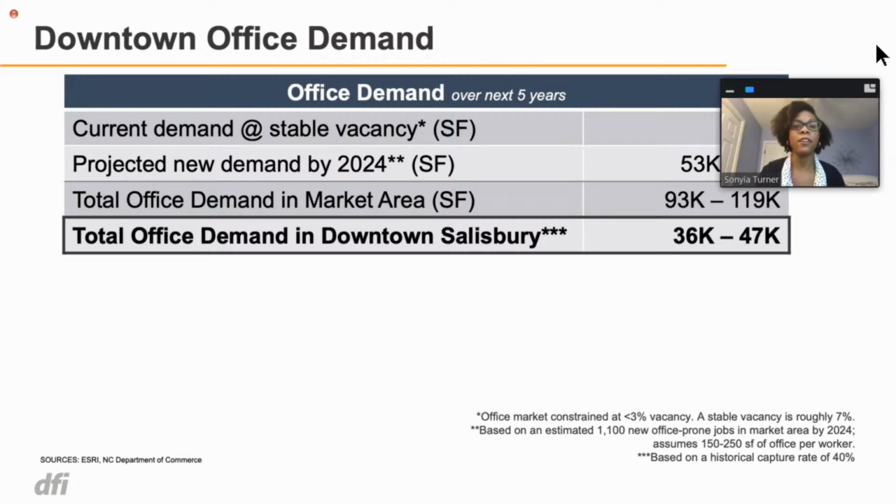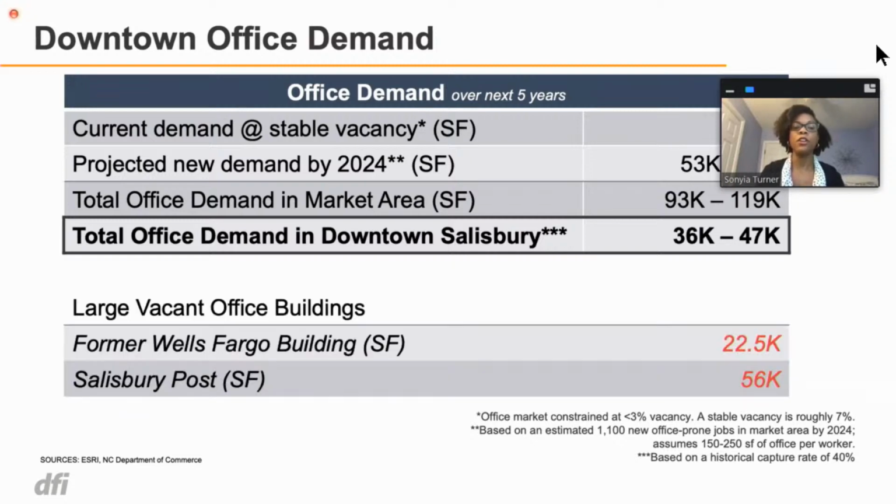Then we calculate projected new demand for office in the entire market area, so in entire Rowan County. We apply what's called a capture rate, which is based on historical data of how much office Salisbury would capture in the larger market area. And we find that the total office demand in Salisbury and specifically downtown would be 36,000 to 47,000 square feet.